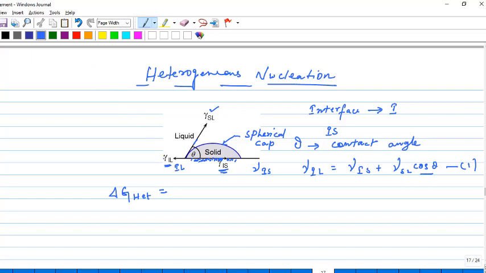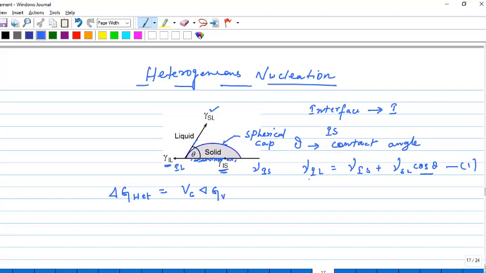So let's say the volume of that cap is Vc, and delta Gv, of course, is the volume free energy change.